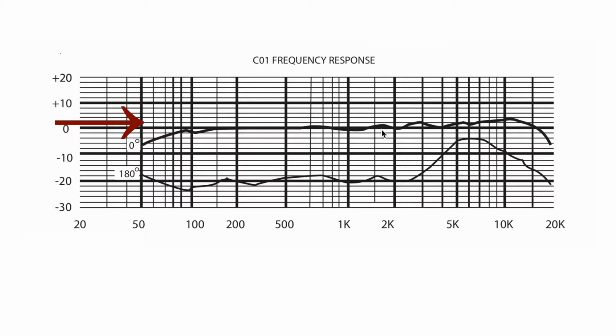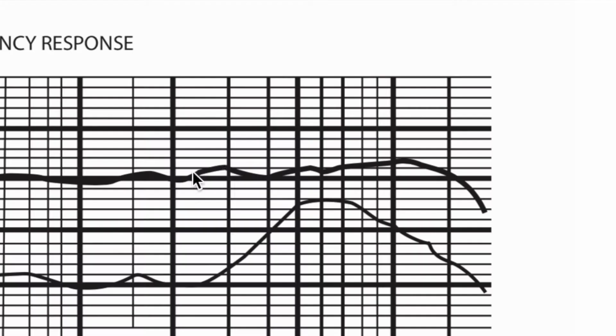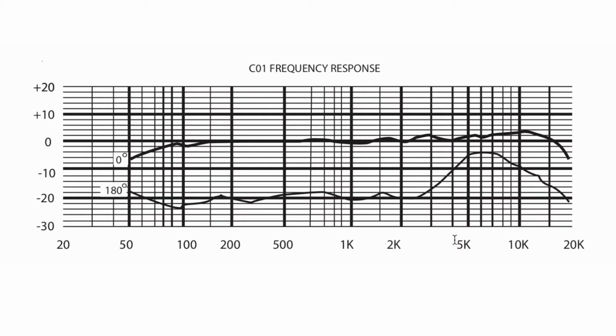If you look at that, you see it has this little bump at the end where things get a lot louder. It starts around 4K and goes all the way up to about 15K. What that means is the microphone's picking up more within that frequency range. It's quite flat along here, and then it's picking up more in the highs and the high mids.